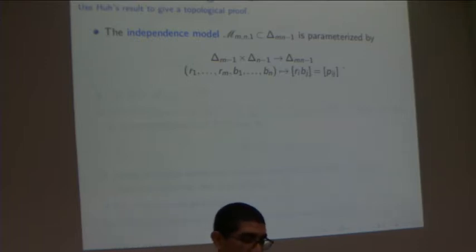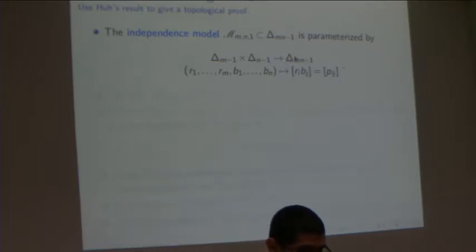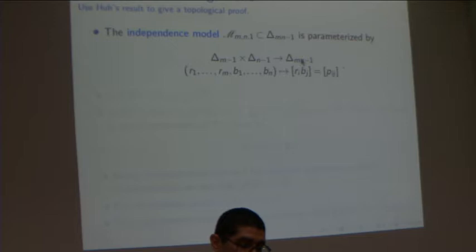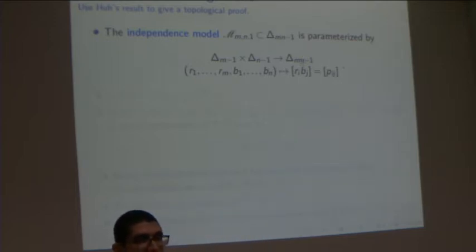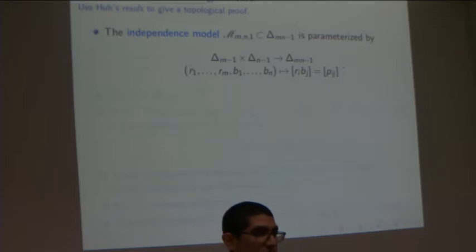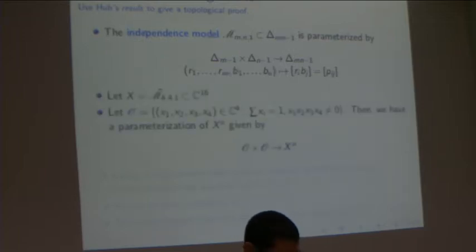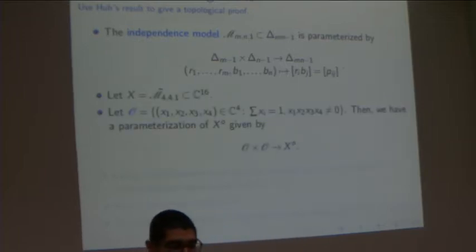And this is this image here. This is the independence model. And you can think of it as rolling a red die and rolling a blue die, where m is the number of sides on the red die, and n is the number of sides on the blue die.